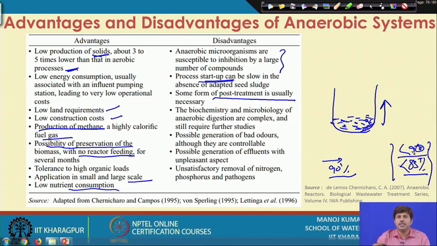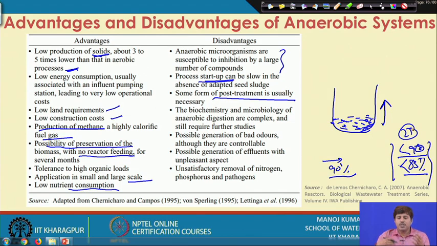In laboratories we can get a good removal efficiency with anaerobic systems as well, but in the field this kind of problem may arise. So when we are working with a waste having high COD or high BOD and we are not getting an adequate degree of removal, then post treatment becomes necessary.